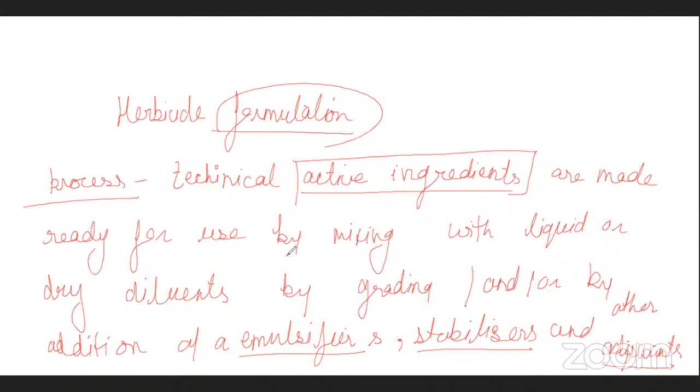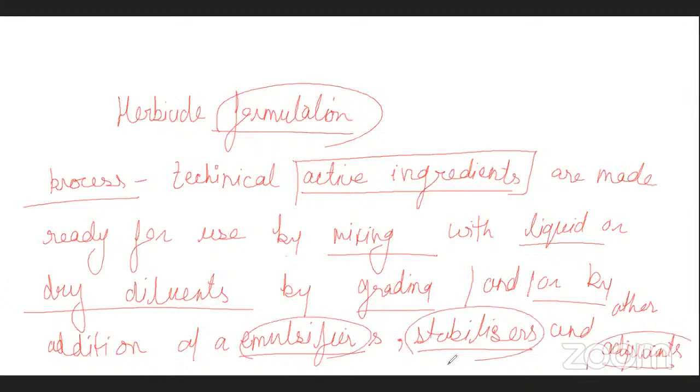And how can we make it ready for use? By mixing with any liquid or with dry diluents. And how are we going to add that? By grading or by adding emulsifiers, stabilizers, or other formulation adjuvants. In this herbicide formulation, the first term was active ingredients. So we should focus on that. What is an active ingredient?